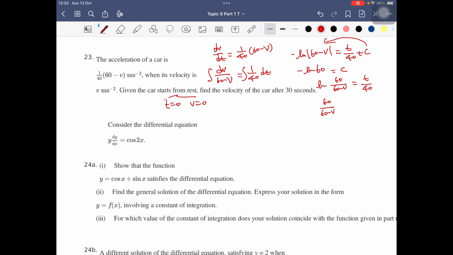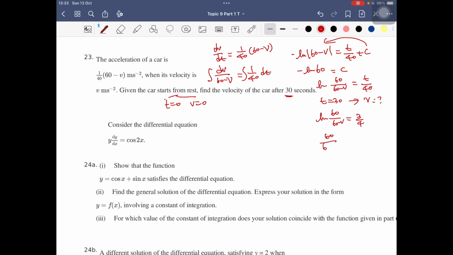So I don't need to actually rearrange it in terms of v, I mean, make the velocity the subject. So from here, let me input t as 30 and find v. Then ln 60 over 60 minus v is 3 over 4.